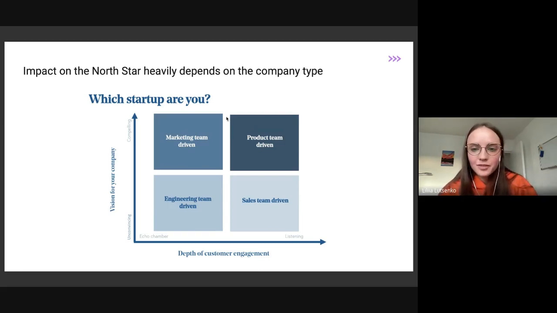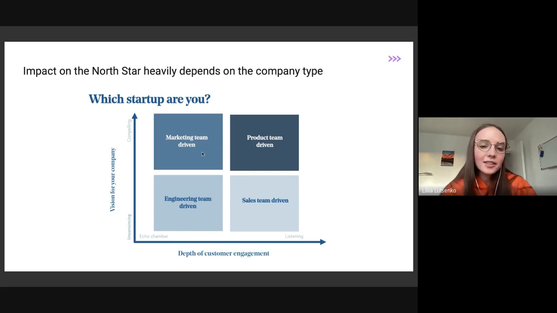For example, if you are marketing team driven, so you know your main source of revenue comes from marketing, and the retention for your product is low, it makes sense to do correlation because there is no correlation between retention and revenue. But there is correlation between revenue and the sort of marketing campaigns you are setting up.